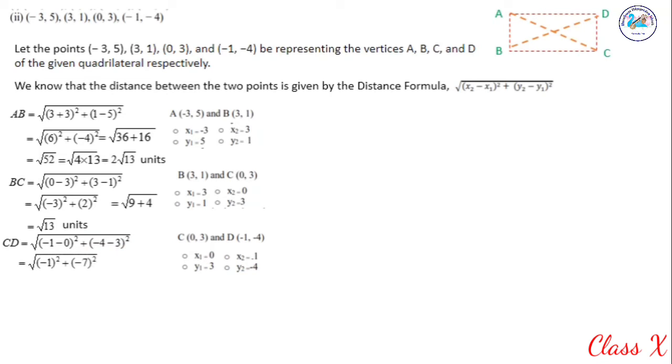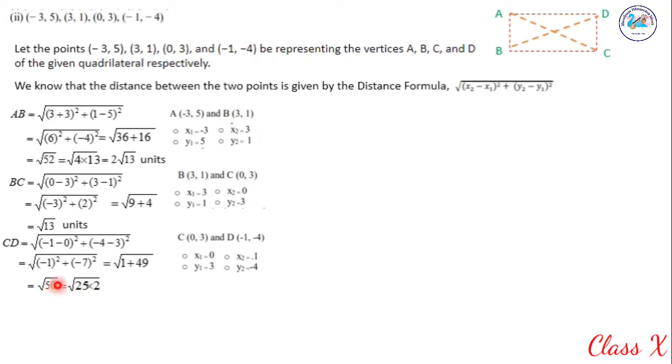Calculation again. Minus 1 minus 0 is minus 1. Minus 4 minus 3 is equal to minus 7. So minus 1 square plus minus 7 square. Minus 1 square we have got as 1, minus 7 square is plus 49. So we will get the answer as root 50. Root 50 we can split as 25 into 2.